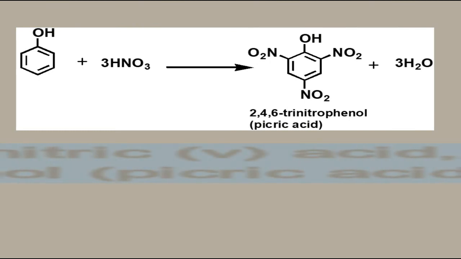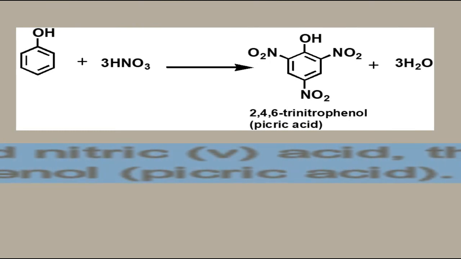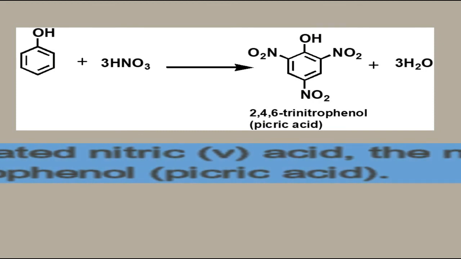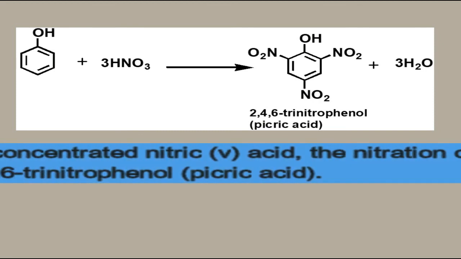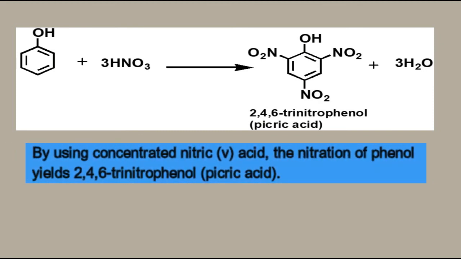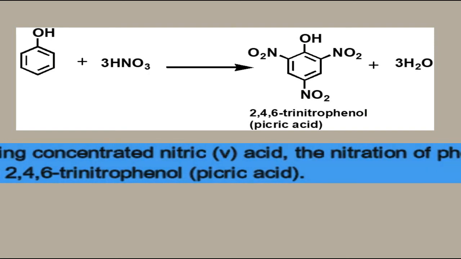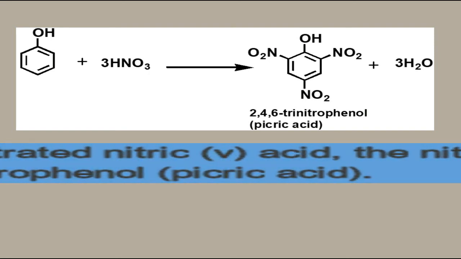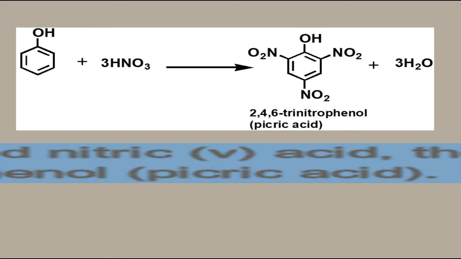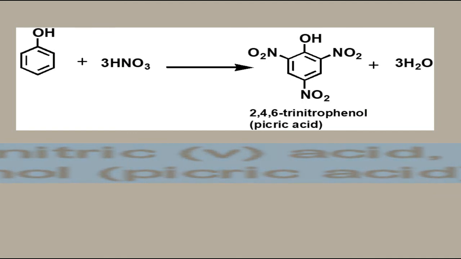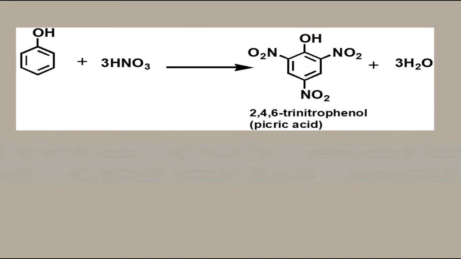But if we use concentrated nitric acid, the nitration of phenol gives 2,4,6-trinitrophenol, or we call picric acid. Picric acid is a bright yellow crystalline solid. It is used in the dyeing industry and in the manufacture of explosives. You can look at the example provided.